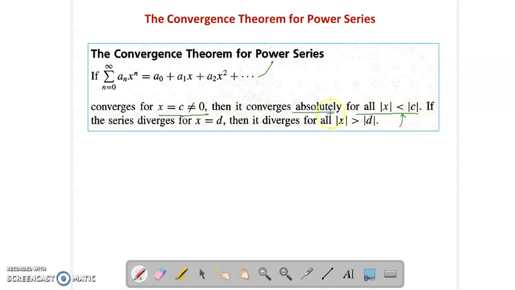And likewise, if the series diverges for x equals d, then it diverges for all x for which mod of x is greater than mod of d, right?